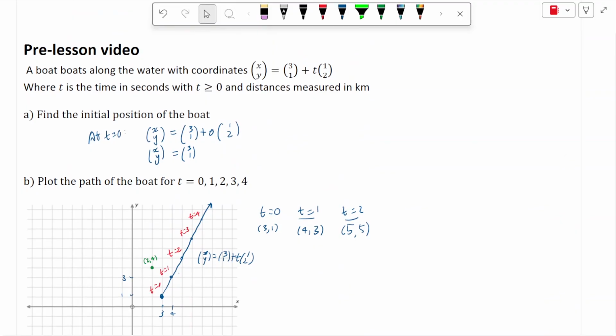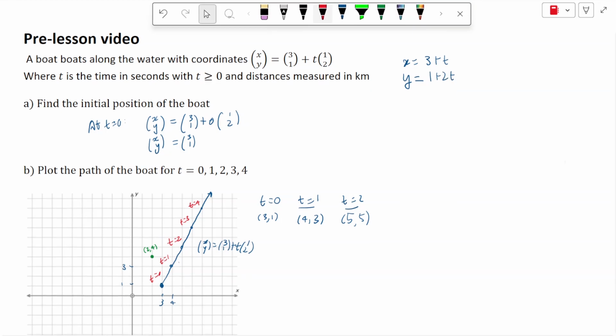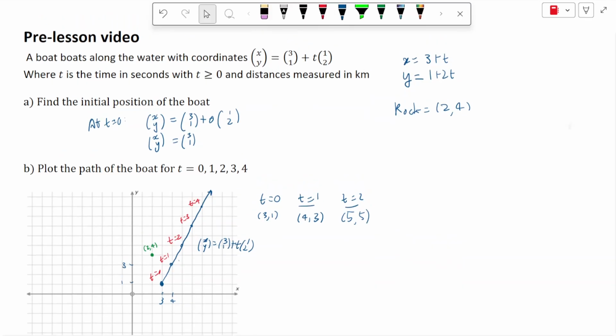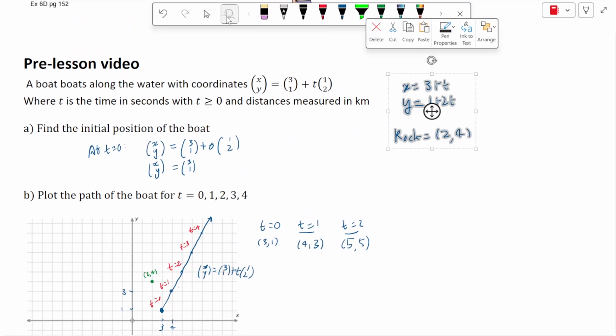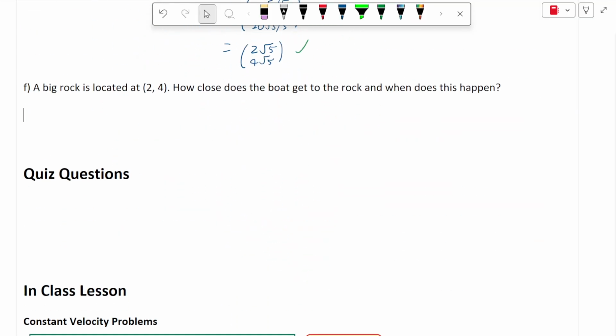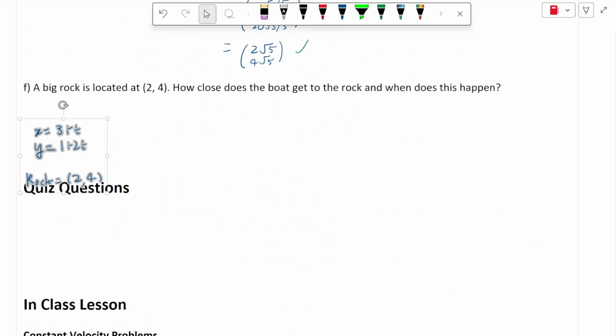But x is 3 plus t, and y is 1 plus 2t. And then the rock is 2, 4. Okay, so we get all that information, and we can think about what the distance might be between the boat and the rock.